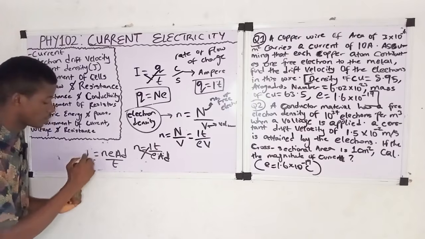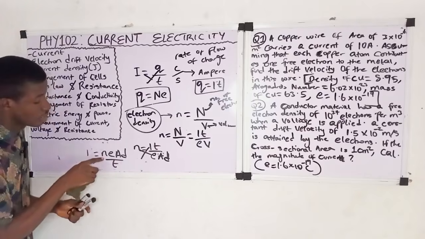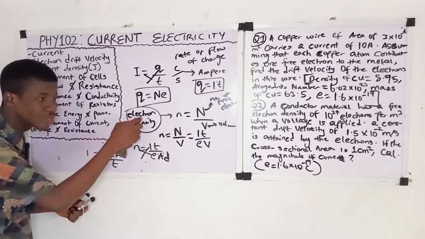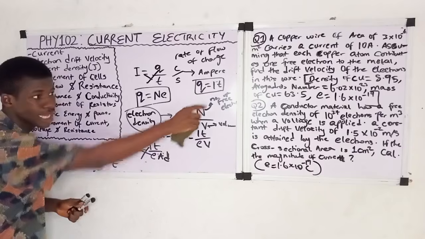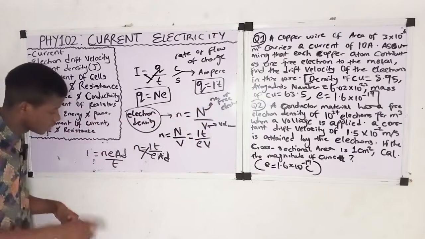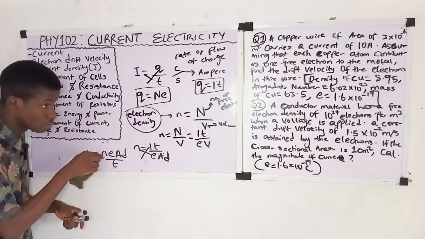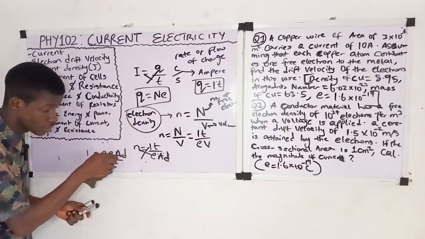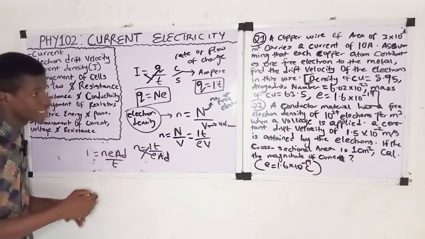Therefore, current is equal to n, this small letter n known as electron density. Please don't mistake it for the number of free electrons. So current is equal to electron density times charge of electron times area times distance over time.